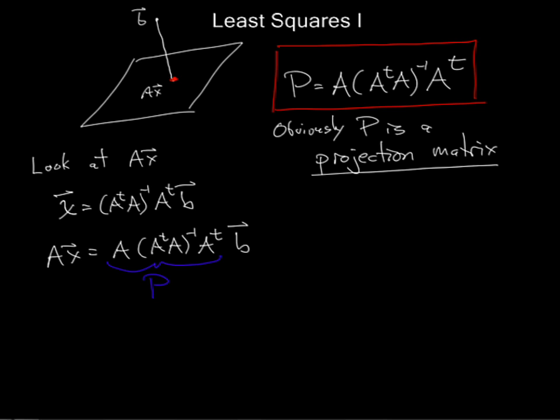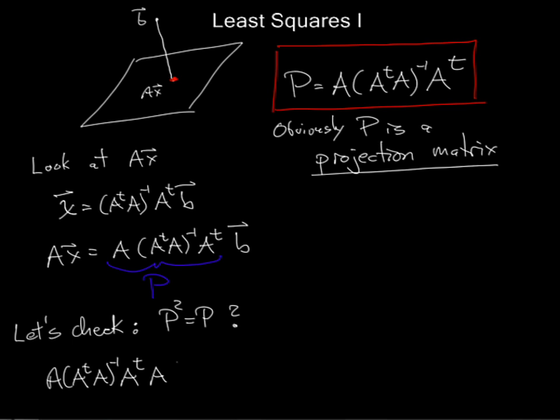So it's worth checking this directly. Let's check that P squared is equal to P. That is what a projection matrix is supposed to satisfy. Well, you write down P and then you write it down again, multiply it times itself.